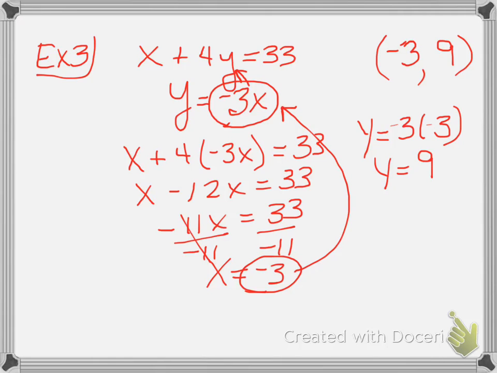Now I just want to remind you of some things. If the variables would fall out when you start plugging one in for another, let me show you one like that. Let's say we had y equals 2x plus 3, and y equals 2x.